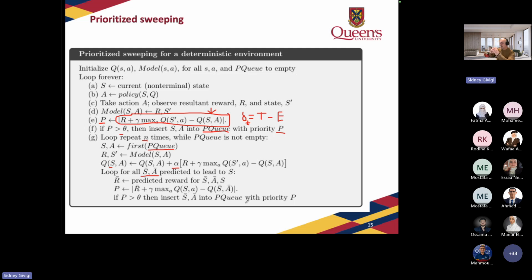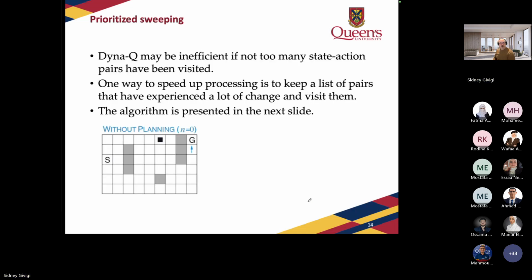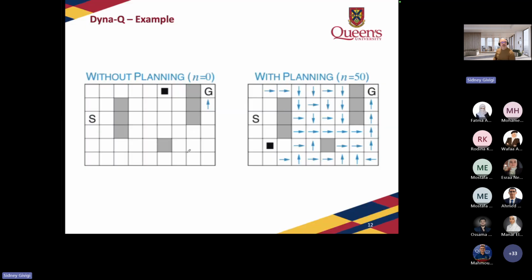And then we are going to create these nested priorities. And then we are going to use the same values to see what is going to be the effect of the changes. So if you consider again this problem here, when we don't have planning, that's what we have, right? If we have planning with DynaQ, we are going to select all of these randomly.